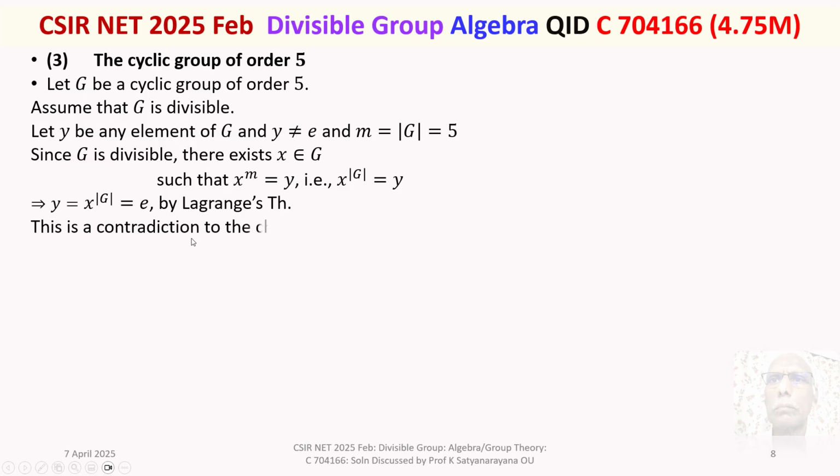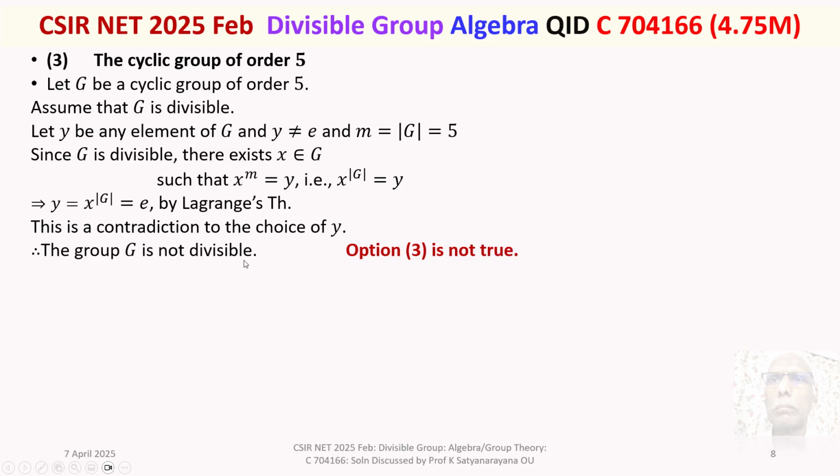This is a contradiction. Why? We are getting y is equal to e, but our choice of y is y not equal to e. So this contradiction says that our assumption that G is divisible is false. Therefore, G is not divisible.